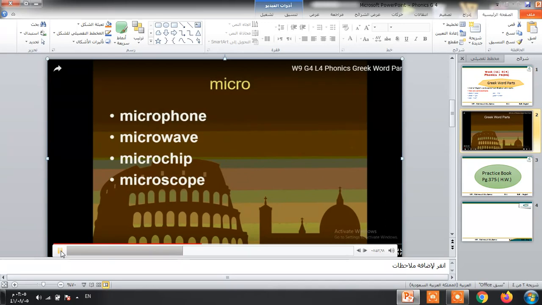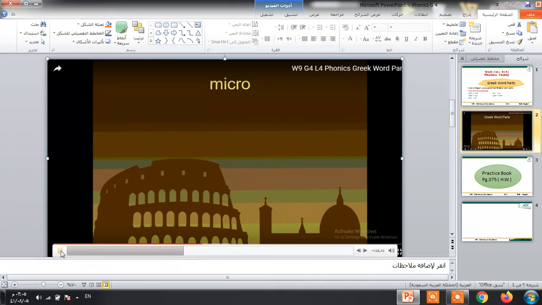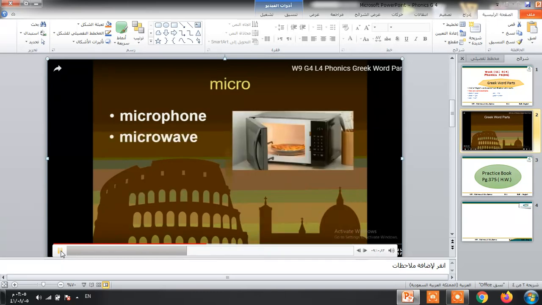Next word we have is micro. Let's see, the first word is microphone. We learned about the microphone earlier, used to enlarge our sounds, and the word micro means small. Second word is microwave. We use the microwave to heat our food and meals.